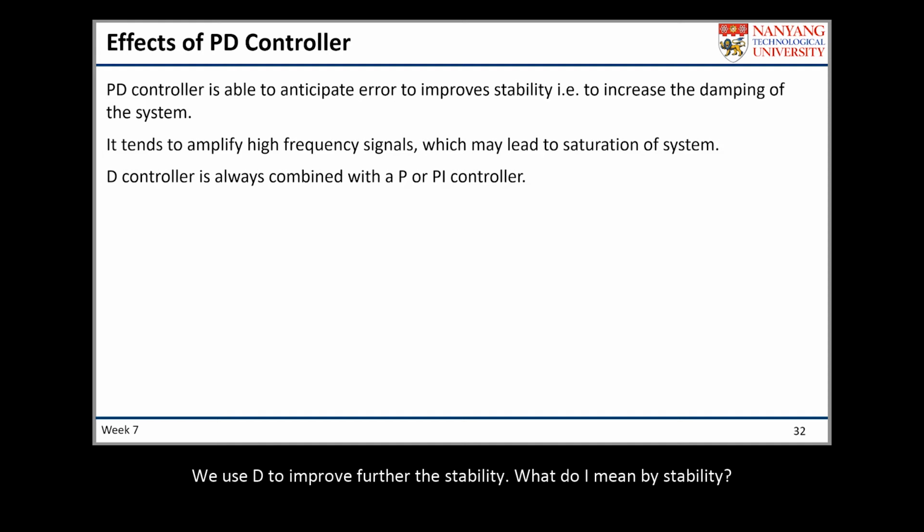What do I mean by stability? If you want to stabilize your system, D is the best choice. PD, of course, because as I mentioned, D will never stand alone. So you use PD if you want to stabilize a system, or if you want to increase the damping in your response.